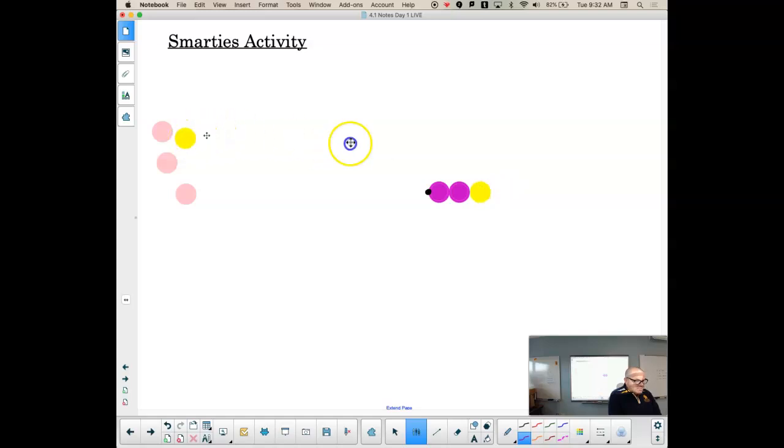If you can't, if you're using bottle caps or buttons or something that's a little bit bigger, do as many as you can to get as close to the edge as you possibly can. Okay, so as many as you can going out from your dot.